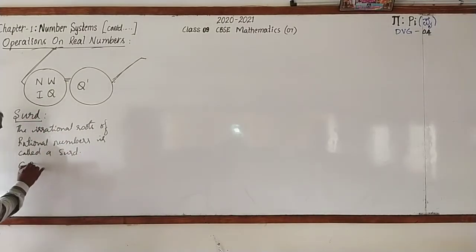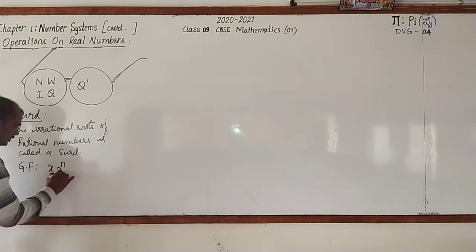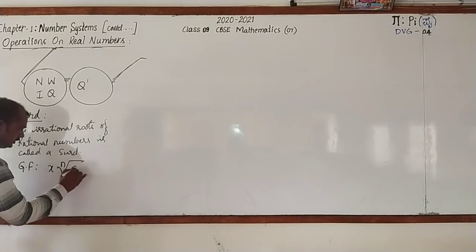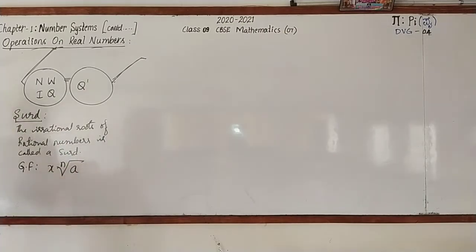The general form of a surd is x into nth root of a. Then you all may be thinking, what are these terms?